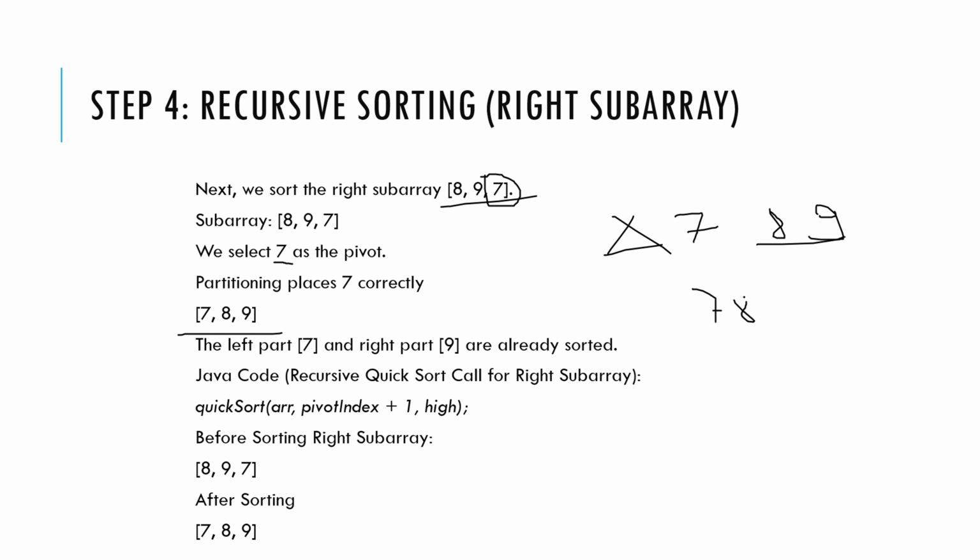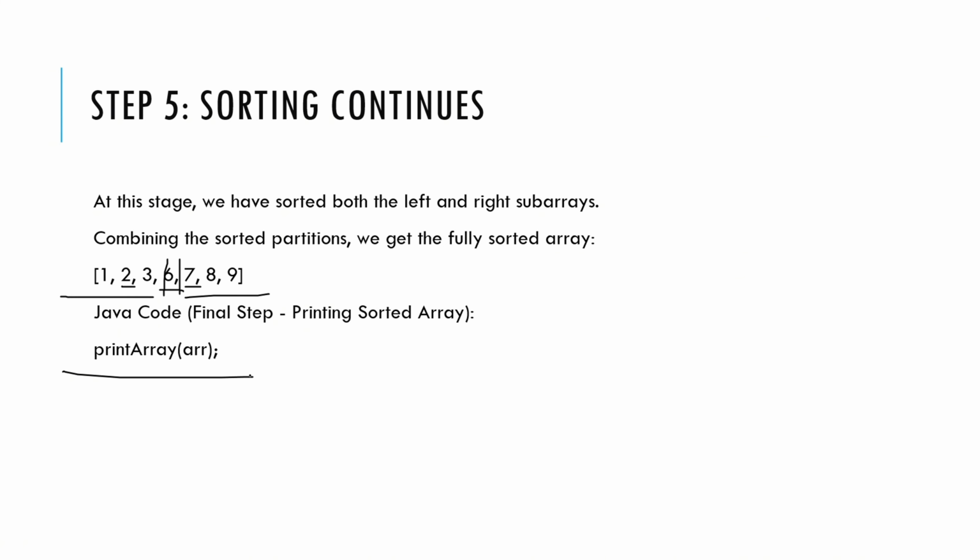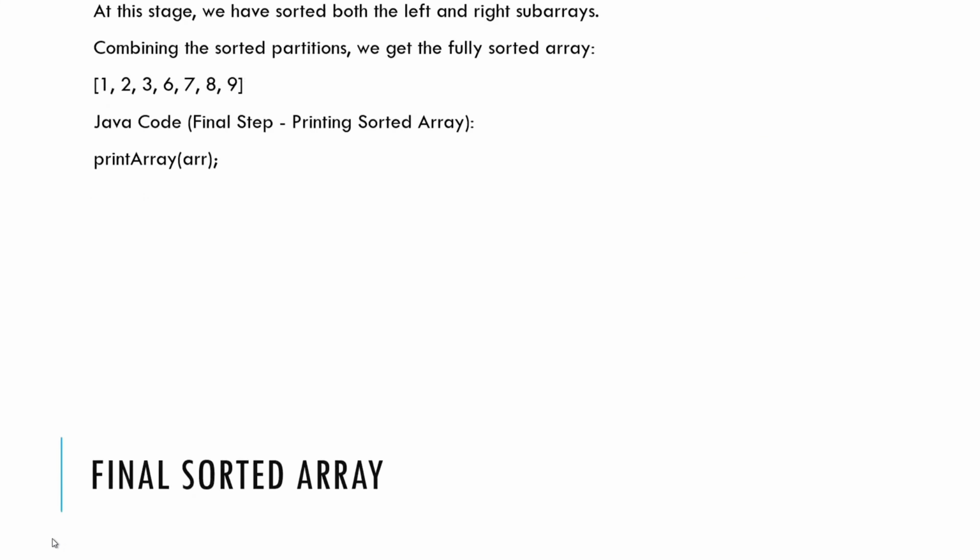Then we have the sorted elements 7, 8, 9. The code to print is print array, so it prints the sorted array. And the final sorted array after recursive quick sort is 1, 2, 3, 6, 7, 8, 9.